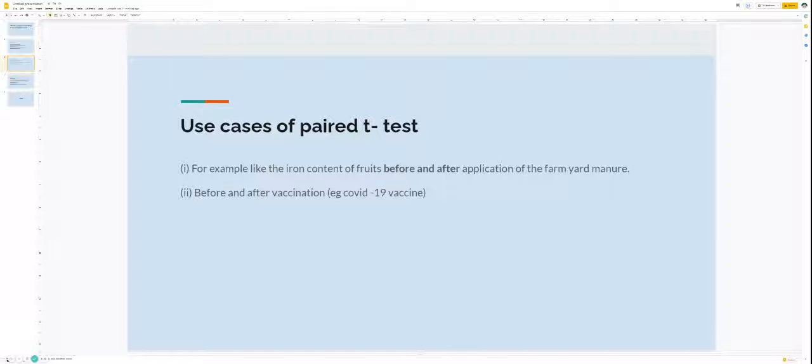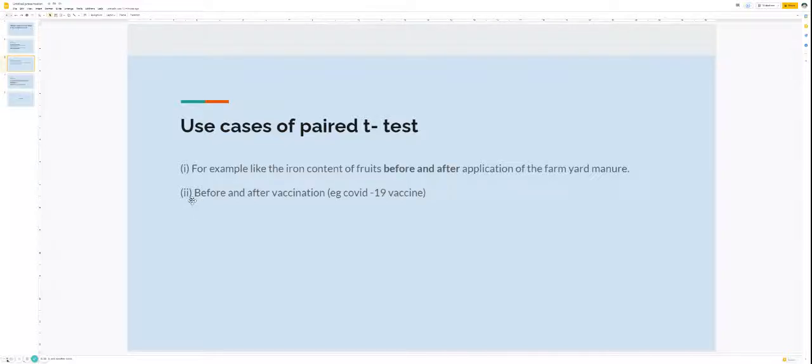For example, if we are trying to find the iron content of fruit before applying farmyard manure, that is one sample, and after application of farmyard manure, that is the second sample. So this is the before and after case. Before is one set of samples and after is the other set, but both are the same or similar kinds of objects.